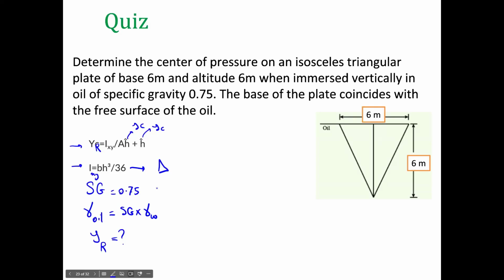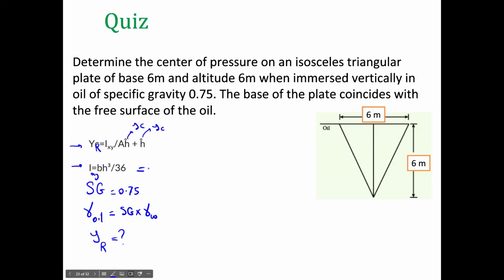I think you can find the IXY easily because you have B, you have H. What about H bar? Do you know what the H bar is for a triangle? Did you find this guy, the second moment of inertia?